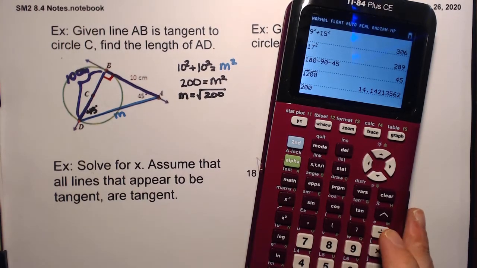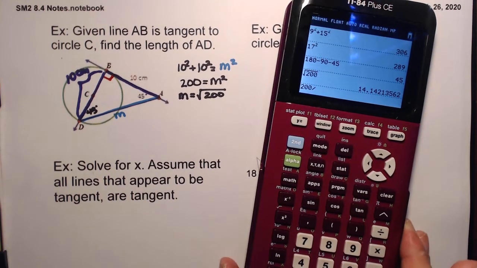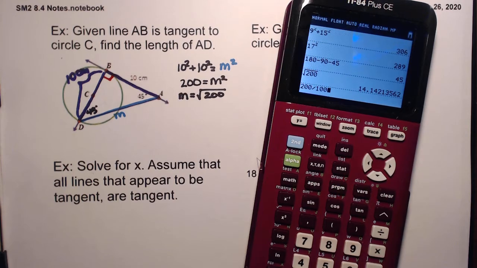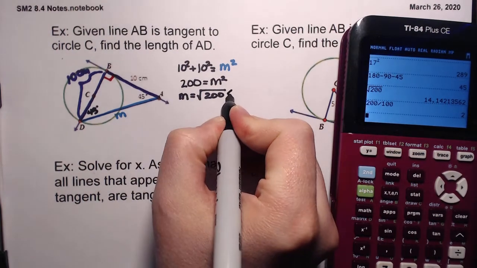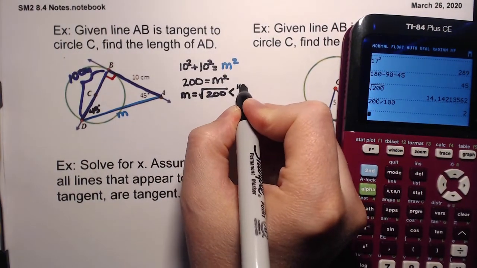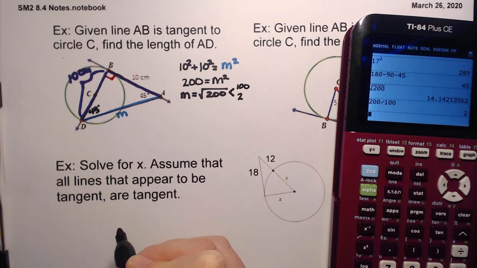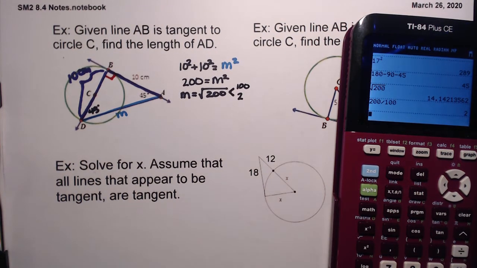So I'm going to try 100 because that is a perfect square and it works. So I'm going to split this into 100 times 2 and then take the square root of both pieces.